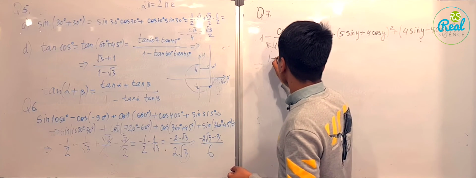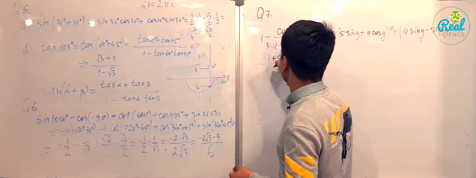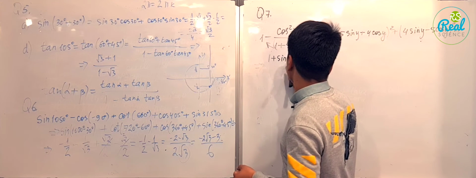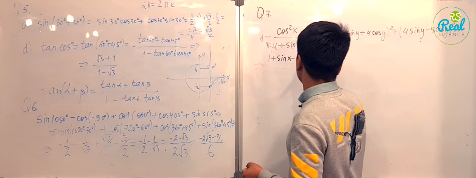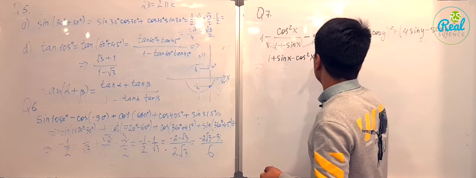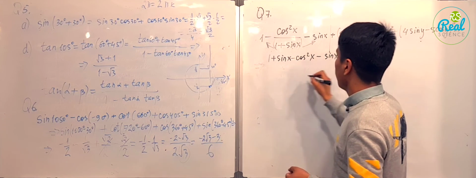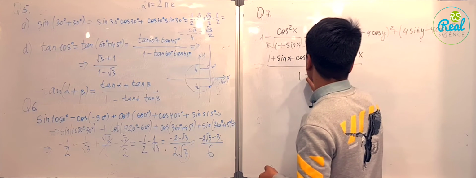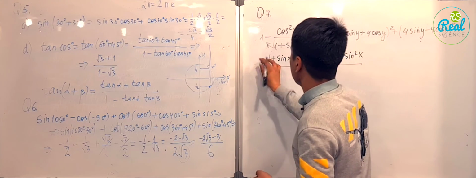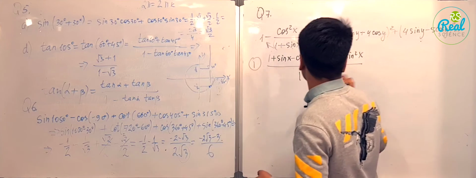So 1 plus sine x, if you multiply, minus cosine square x, minus sine x, minus sine square x, yeah? So 1 plus sine x, this is the first part of this question.